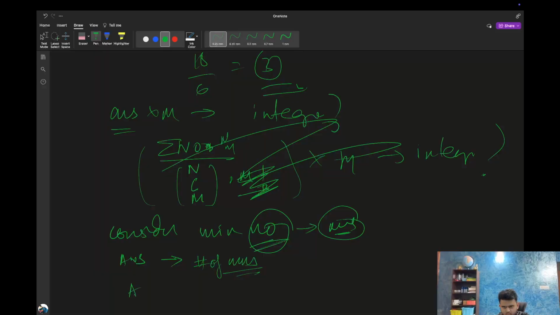Now ans is a fraction such that ans times m is an integer. How?